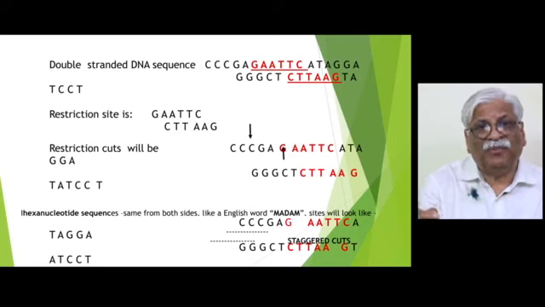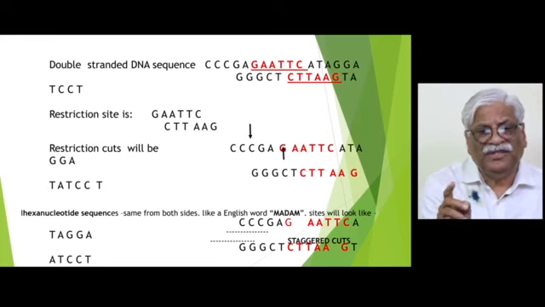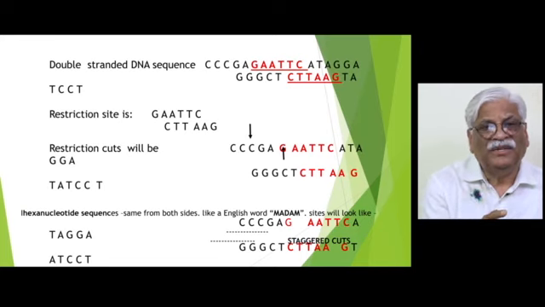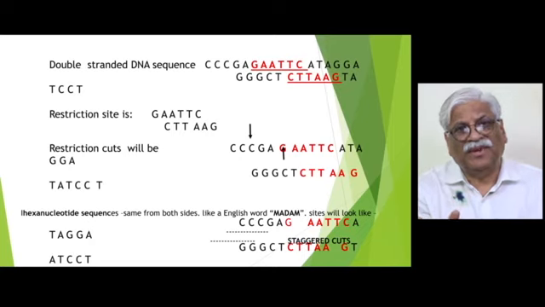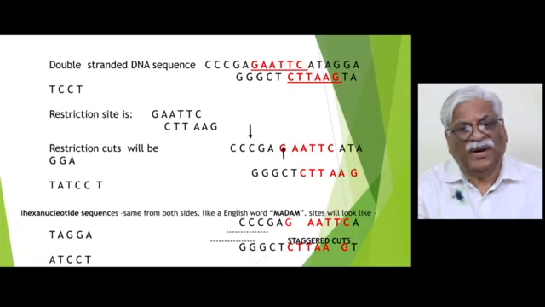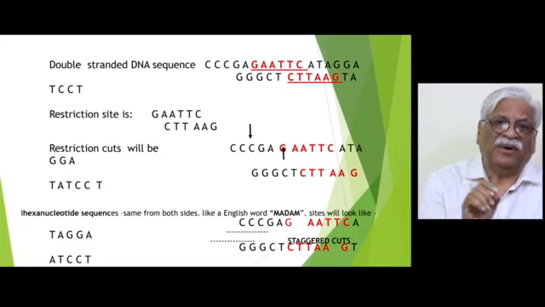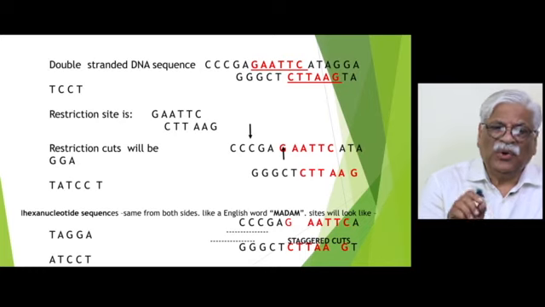So if you read from the left side on the first strand, GAATTC, and on the second strand, if you read from the right side, GAATTC. The same reading, and that's why it's similar to the word madam. This particular site is in our subject known as a palindromic sequence.